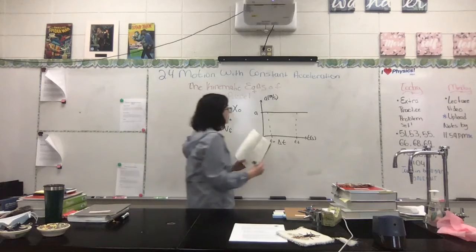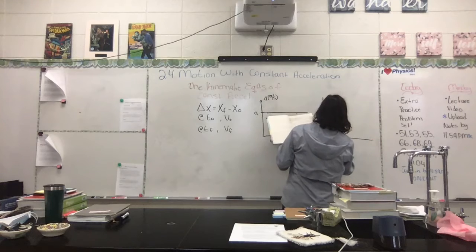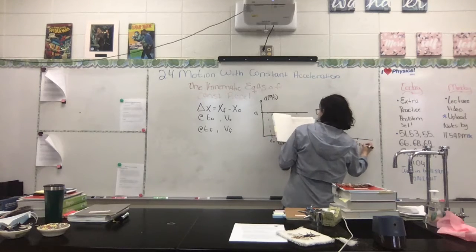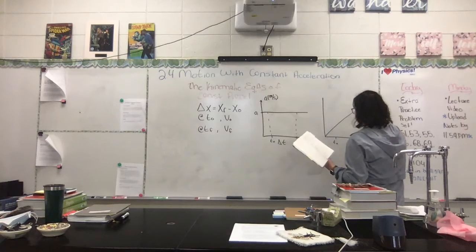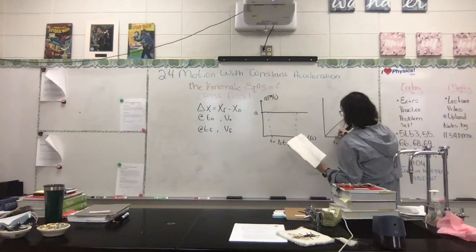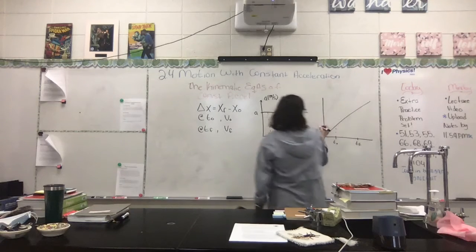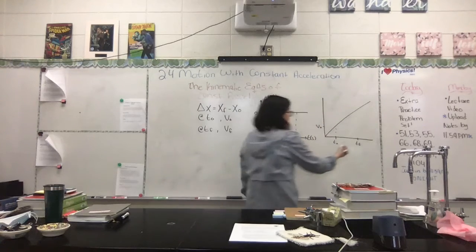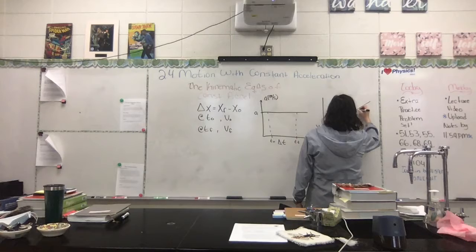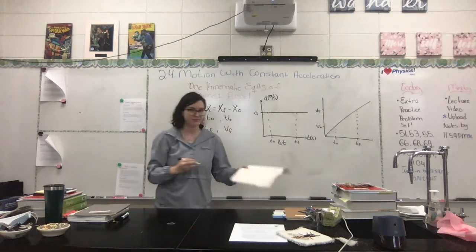Now, we're going to have a t naught and a tf. And what we're going to see here is that this is going to be our initial velocity, our v naught, and here would be our final velocity, or our vf.